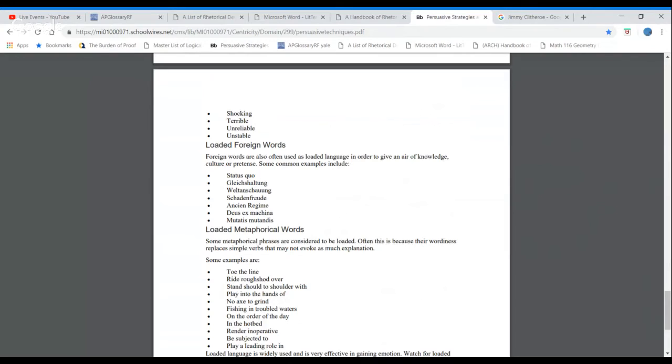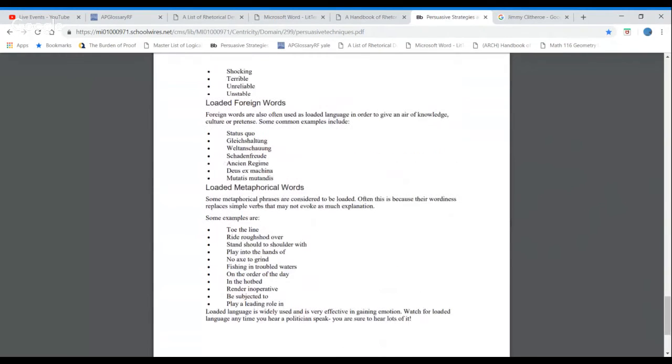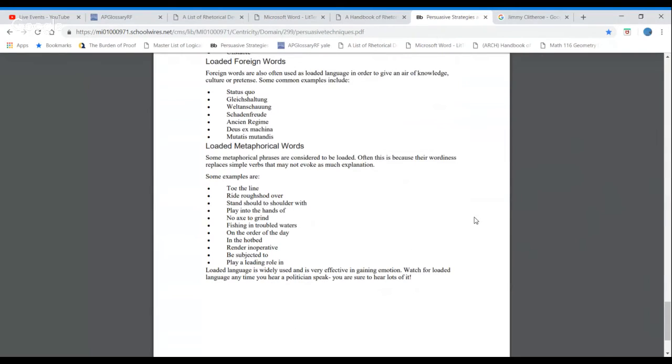Weltanschauung, Schadenfreude, ancient regime, Deus ex machina, mutatis mutandis. I don't know what any of them mean apart from probably status quo. I've heard of Deus ex machina, but I don't know what any others mean. I'll have to have a look at them in a minute.